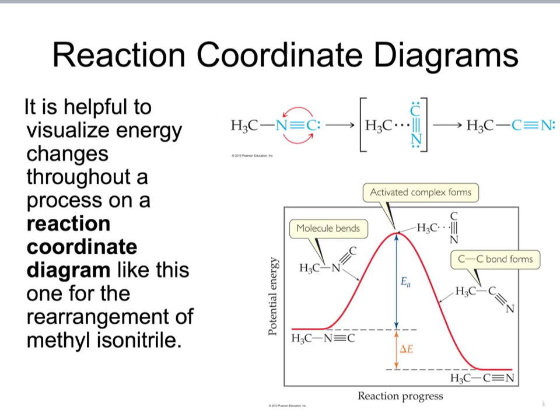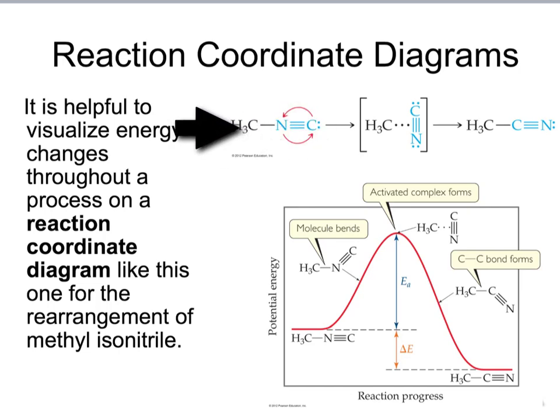In methyl isonitrile, we see that in this compound, my nitrogen is here in the center, and then I have my carbon and then this CH3 group over to each side.